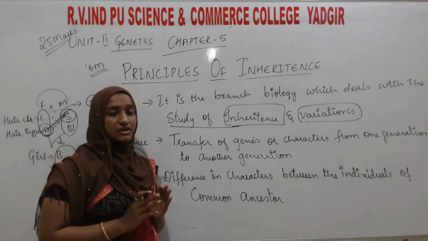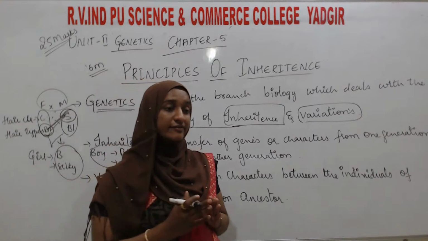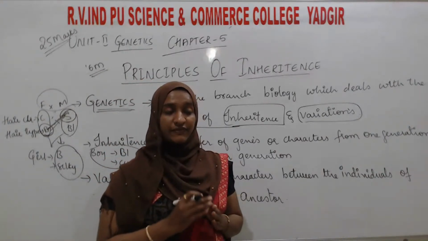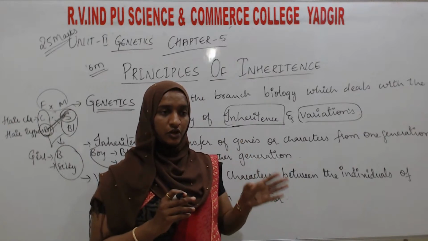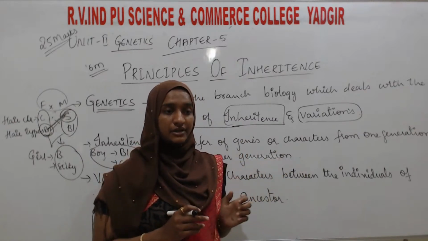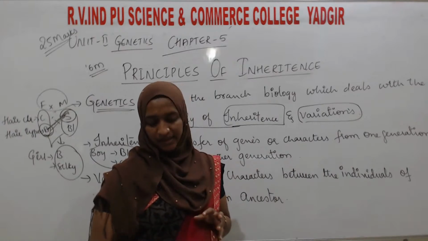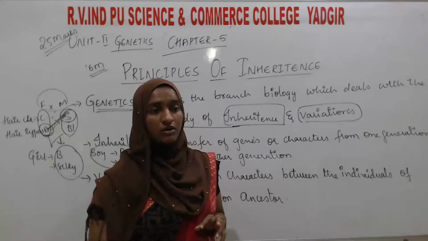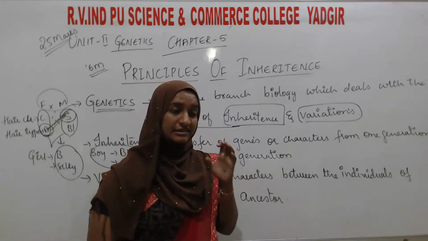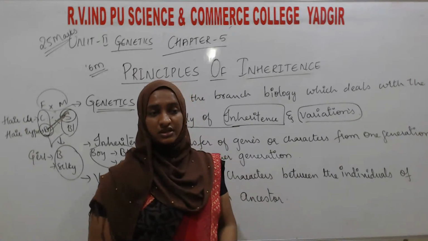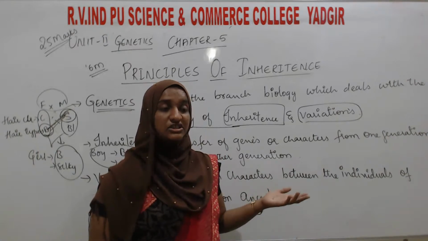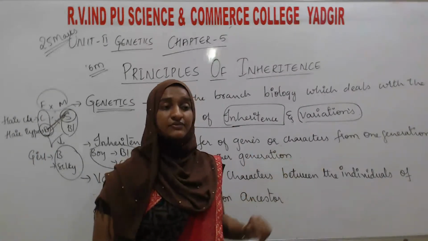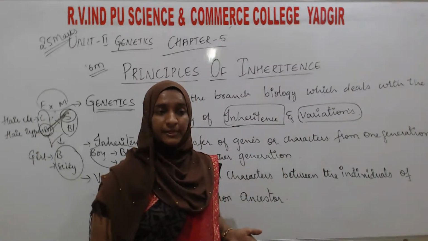If we are staying in one home, we belong to one family. In our family also, if we are two brothers and two sisters, all of the four will be differing in one or the other character. We four cannot match or be exactly similar to each other. We are totally different. Why? Because the genes are different in different offspring.